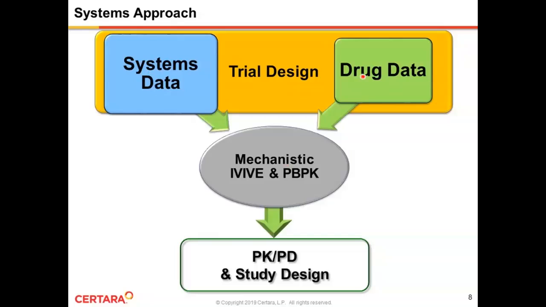So basically, the systems data and the drug data are combined in the mechanistic IVIVE and PBPK models, and the trial design together enables you to predict pharmacokinetic concentration time profiles in plasma and tissues, as well as drive your connected PD models.